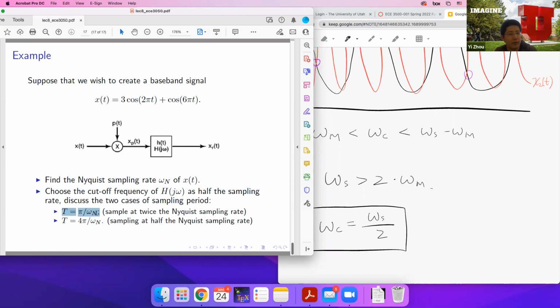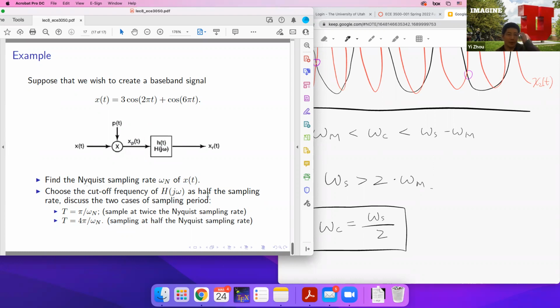The first one, you can verify, means we are sampling the signal at 2 times the Nyquist rate, so definitely we can do perfect recovery. The second one, we are sampling at 1/2 of the Nyquist sampling rate, so it does not satisfy the Nyquist criteria. We will sample the signal at these 2 different frequencies, and then in the recovery phase, we will design the low pass filter with a cutoff frequency given by 1/2 of the sampling rate.